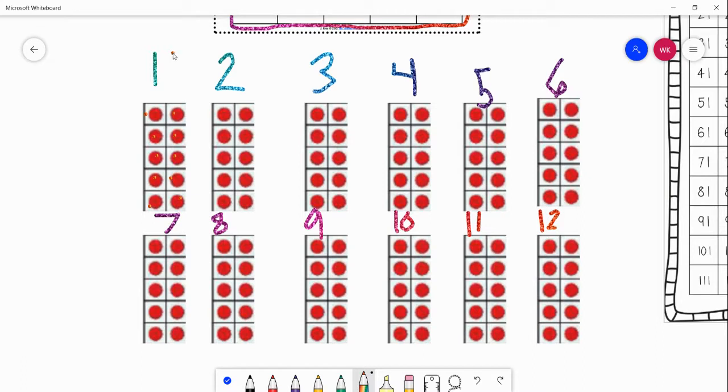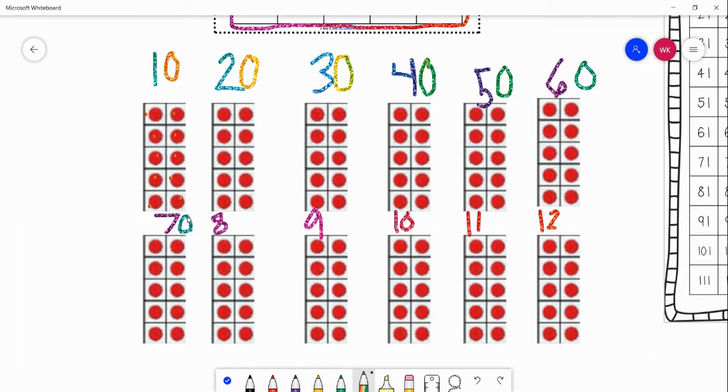So one 10, like we said, is 10. Two tens is 20. Three tens is 30. Four tens, or four of these, is 40. Five tens is 50. Six tens is 60.